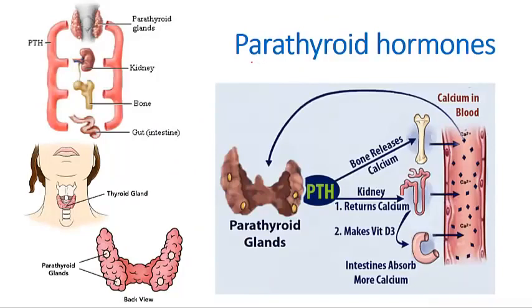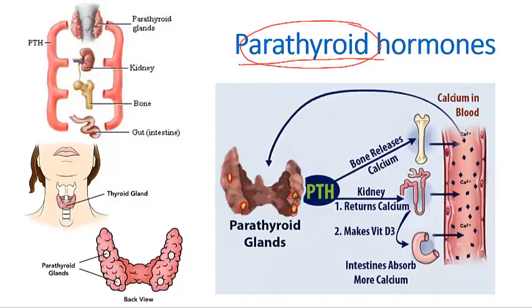Now another type of gland that we are going to talk about is the parathyroid gland, and the hormone secreted by the parathyroid gland is known as parathyroid hormone. The parathyroid gland is located actually in the thyroid gland itself. If you look at the thyroid gland structure, these yellow things are the parathyroid glands.